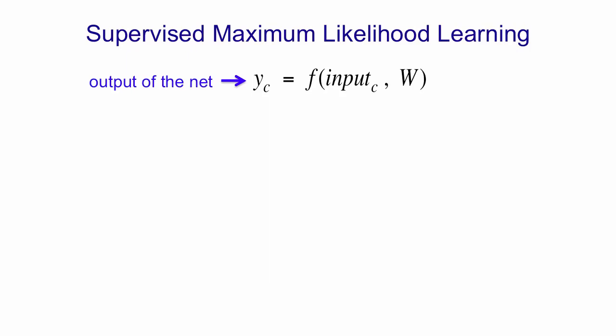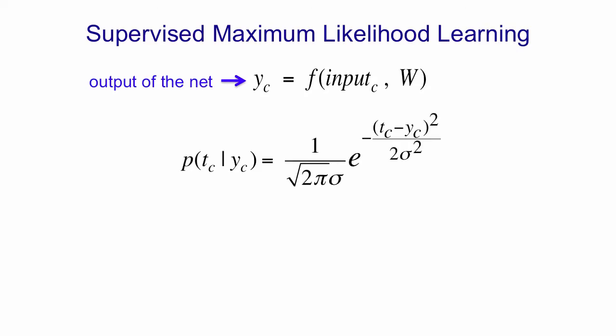So the math looks like this. Let's suppose that the output of the neural net on training case c is y_c, and this output is produced by applying the weights w to the input c. The probability that we'll get the correct target value when we add Gaussian noise to that output y_c is given by a Gaussian centered on y_c.